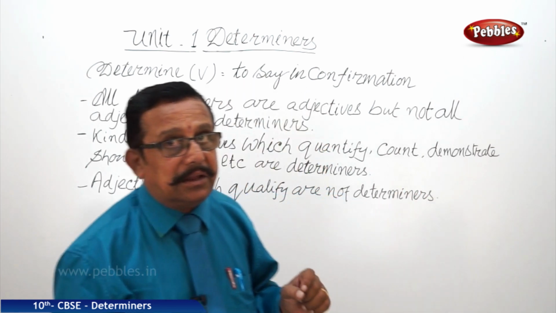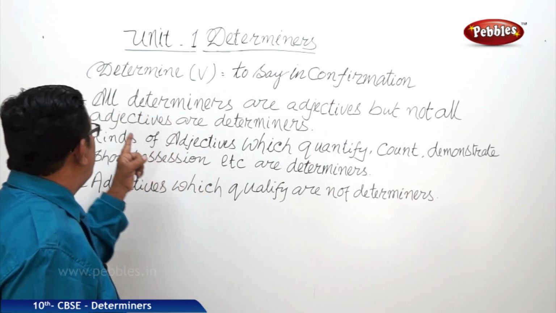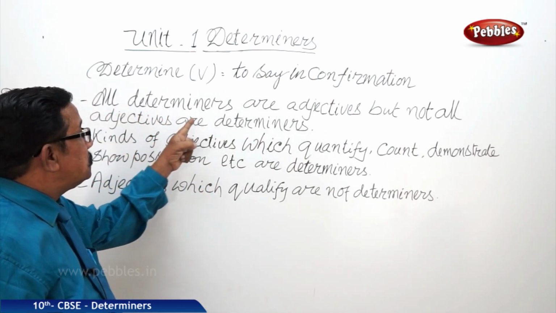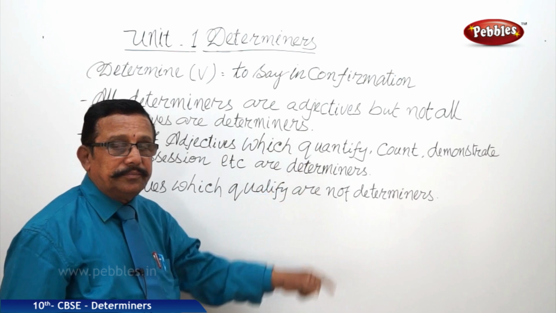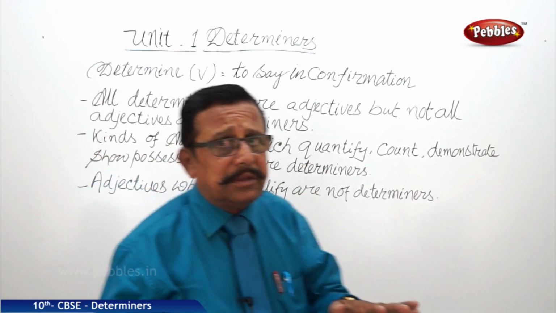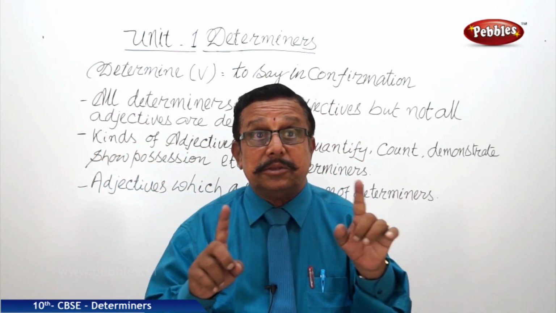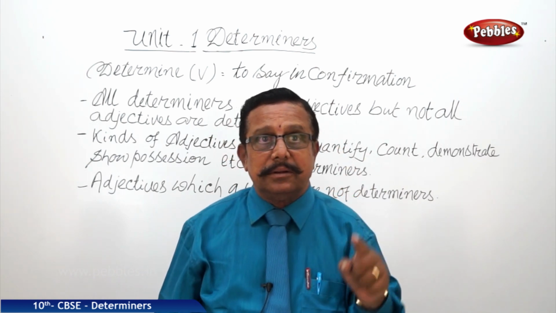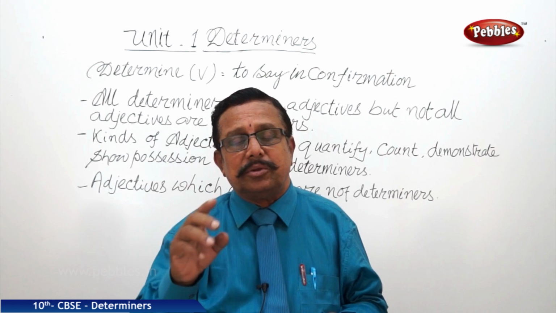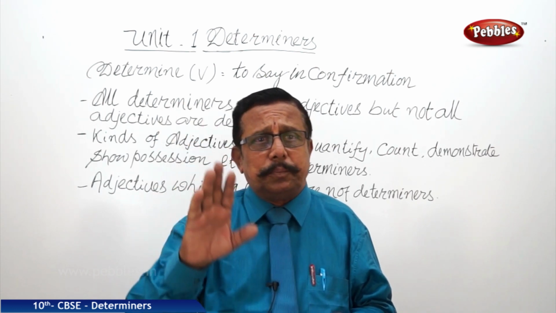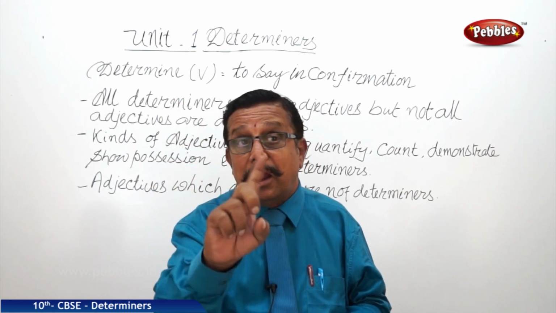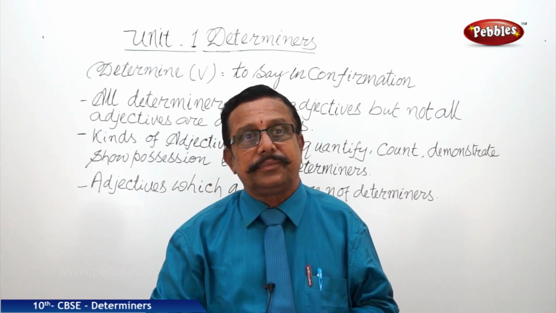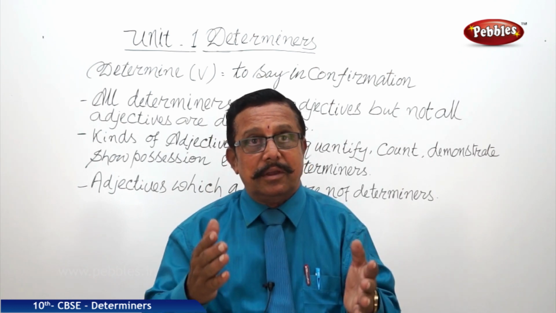As I have written here, you can see all determiners are adjectives. Why? They speak about the noun. But not all words which speak about the noun are determiners.